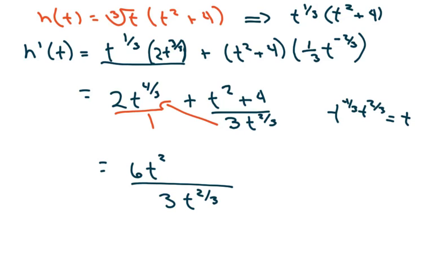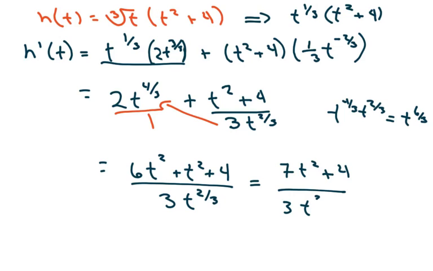That's t to the 6/3. So that's t squared, and then plus t squared plus 4. So that equals 7t squared plus 4 over 3t to the 2/3.